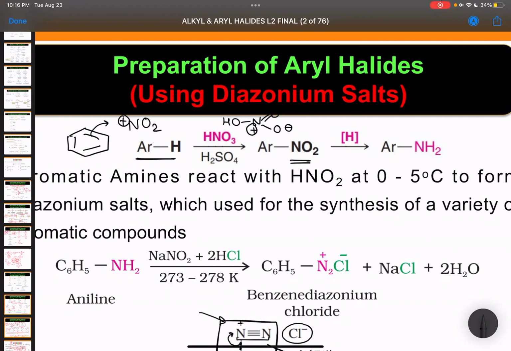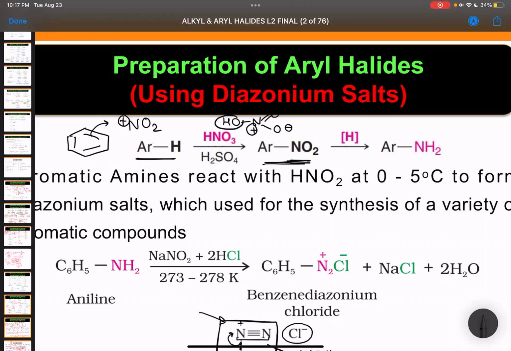And what will happen? The H present at the position where NO2 plus has attached itself will be removed as H plus, and the electrons will get back into the benzene ring, giving you nitrobenzene. This is an EAS reaction, electrophilic aromatic substitution. But how to get NO2 plus? Look at the structure of nitric acid. Nitric acid has NO2 and there is one extra OH.